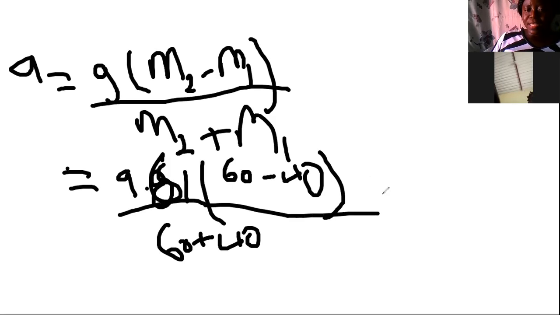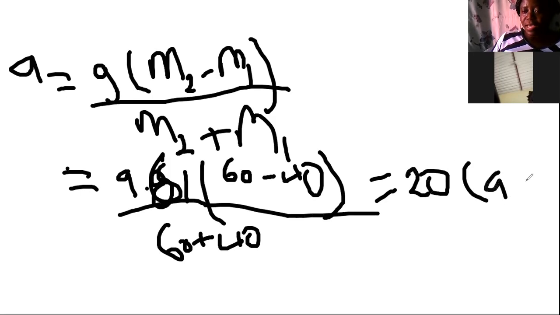So this is the same as 20 times 9.81, divided by 60 plus 40, which is 100.